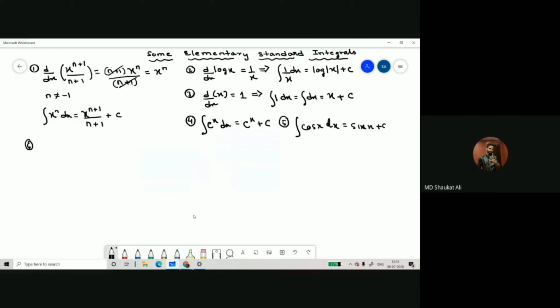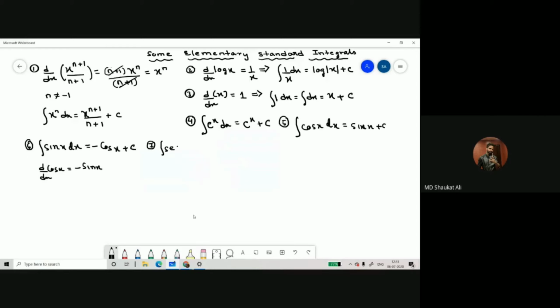Similarly, if you have integration of sin x dx, this will be minus cos x plus c. Why minus? Because we know d/dx of cos x is minus sin x. Am I clear? Now look at number 7.